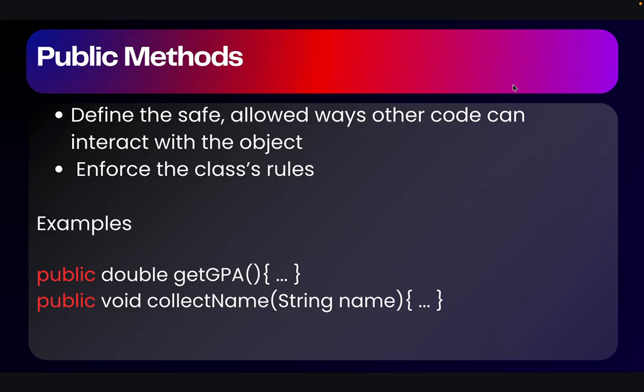Now, in the example of public, you can have public methods, which allow other code to safely interact with the object, while it still enforces the class's rules. How you would do that is simply by placing public in front of the method to let the class know, hey, it's okay for others to use this specific method, but it's still protecting it to make sure that nothing is done improperly with these methods.